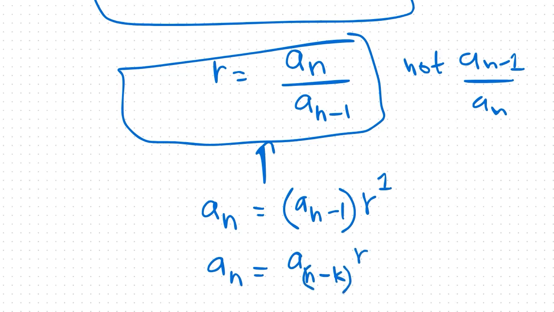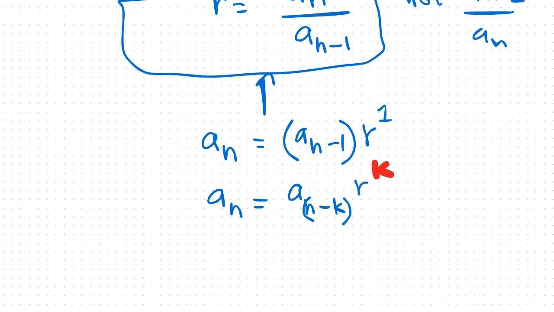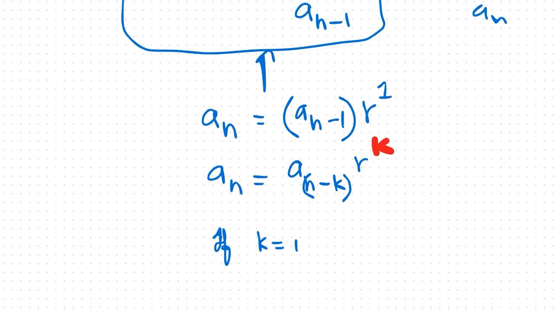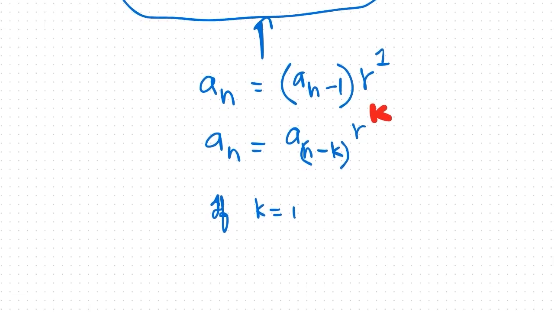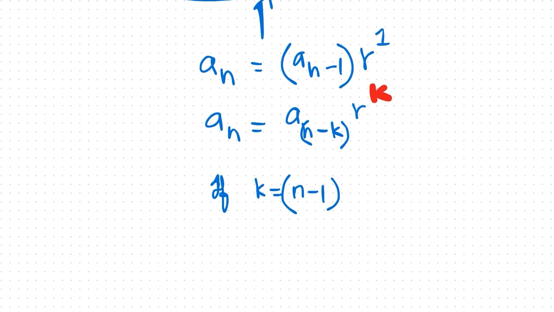If k is n minus 1, an will be a n minus 1 into r power n minus of n minus 1, that is r to the power 1.